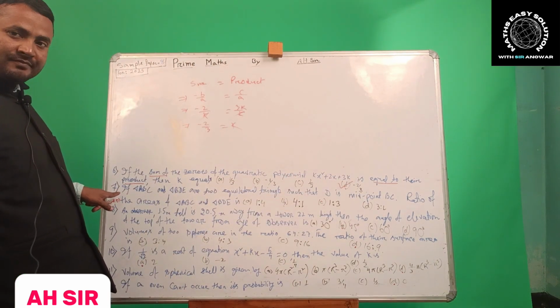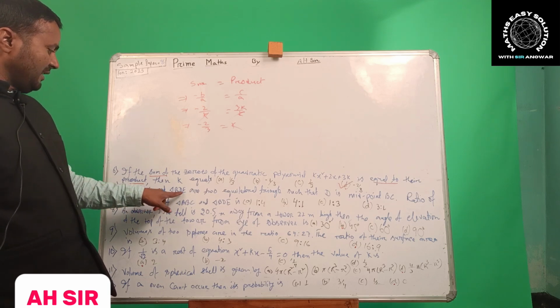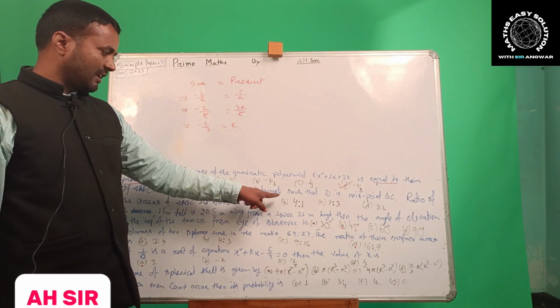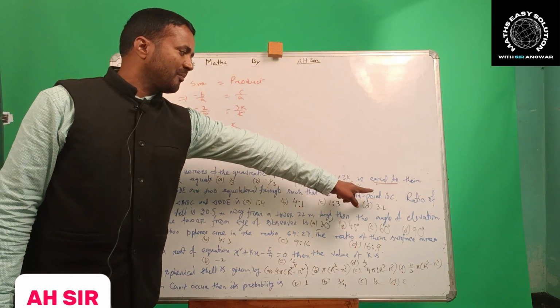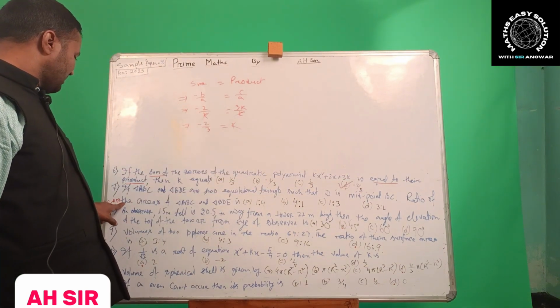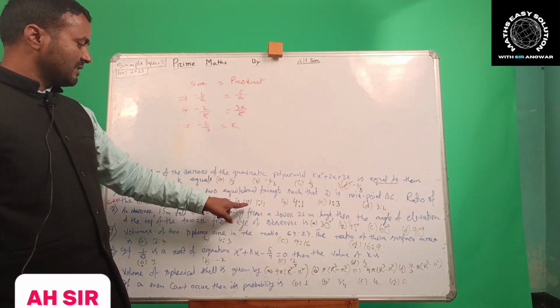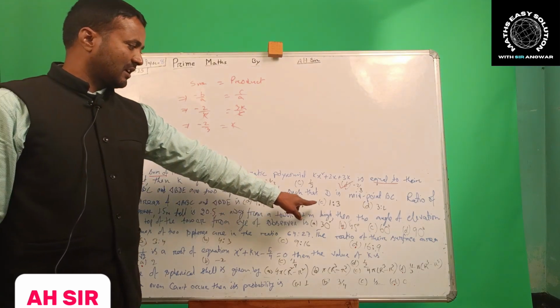Next question. If triangle ABC and BDE are two equilateral triangles such that D is midpoint of BC, then the ratio of the areas of triangle ABC and triangle BDE is 1:4, which one is the correct option?